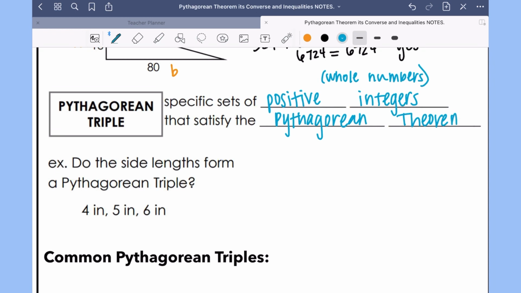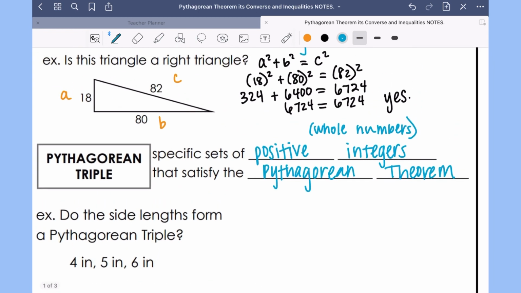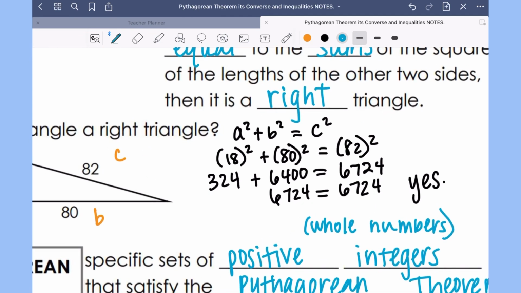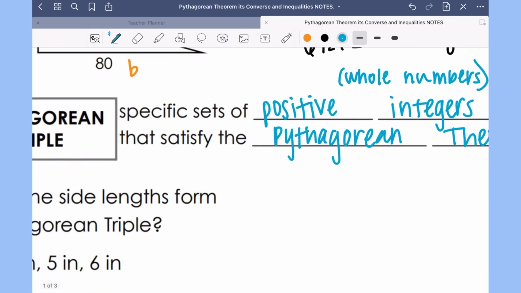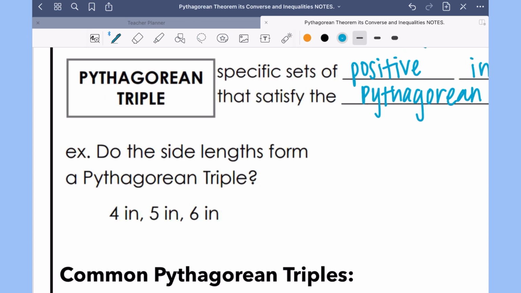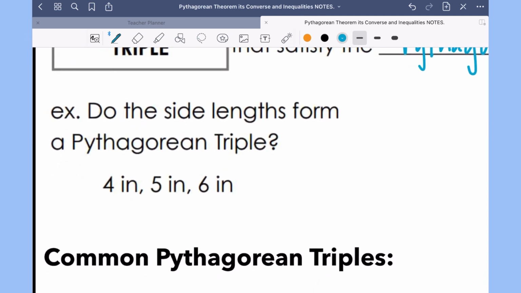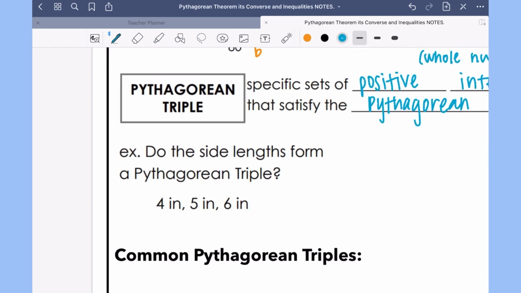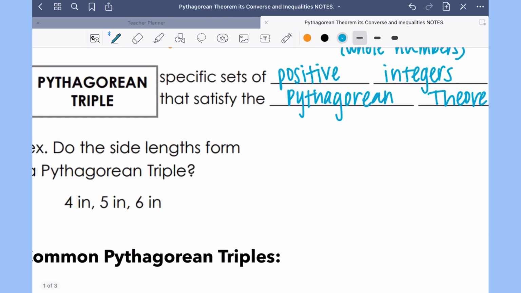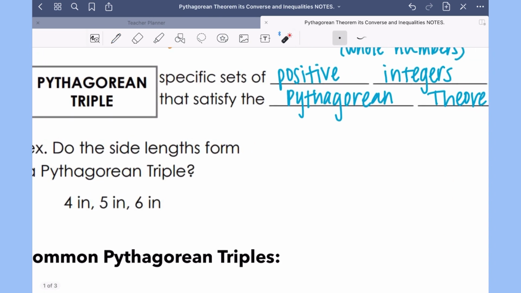That means that if you have a set of three numbers, because a triangle has three sides, they should satisfy the Pythagorean theorem just like it did up here when it created a right triangle. So the question is, do the side lengths form a Pythagorean triple? All it's saying is, will it satisfy the Pythagorean theorem? Because if it does, then these are a Pythagorean triple set of numbers.